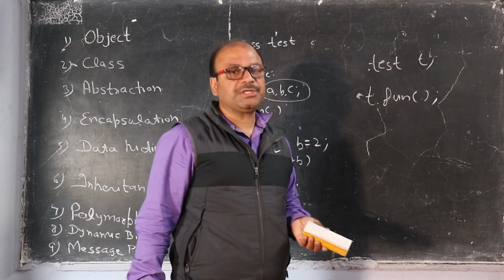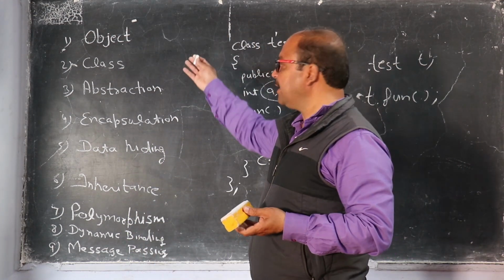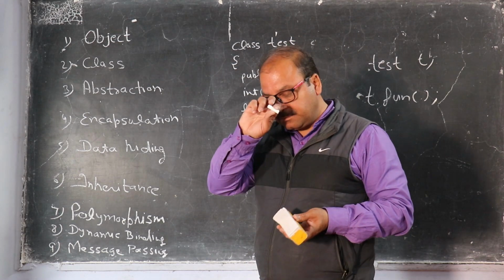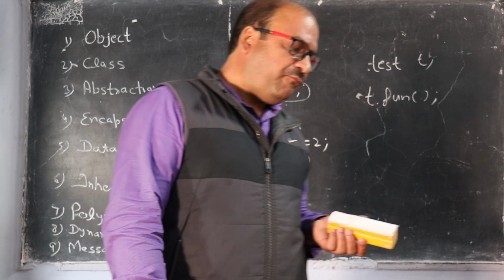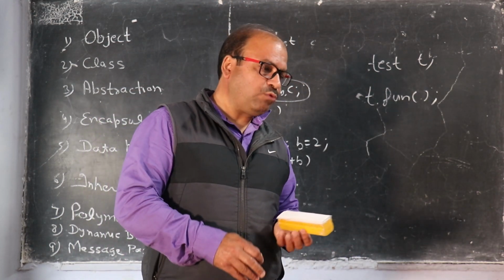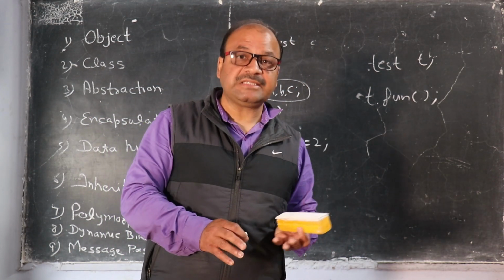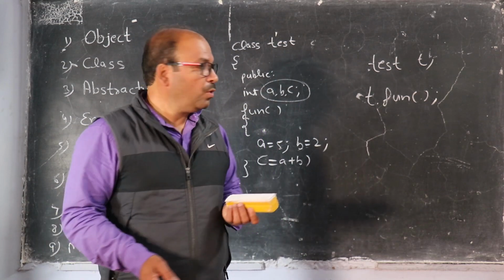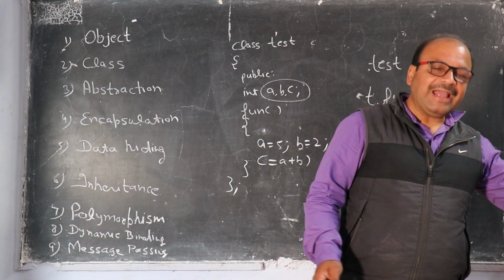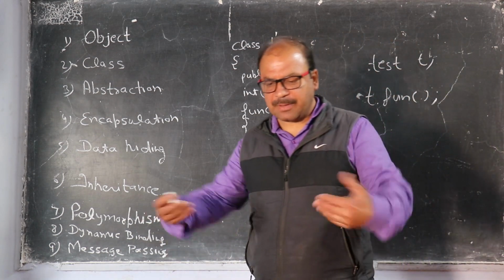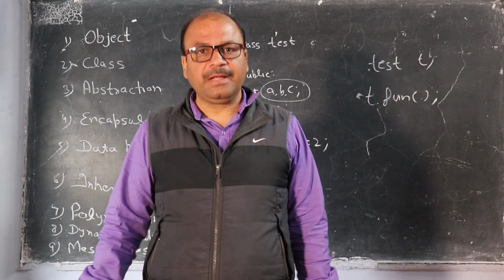So this is the relationship between the object and the class. Now the abstraction. Everything we are using in C++ is taken from the real world. In the real world we like abstraction. There is abstraction in my body.